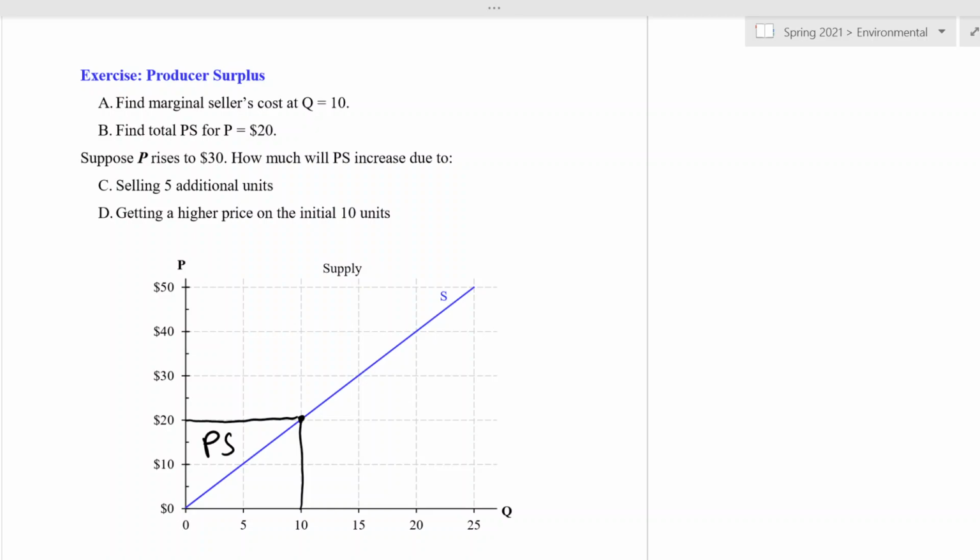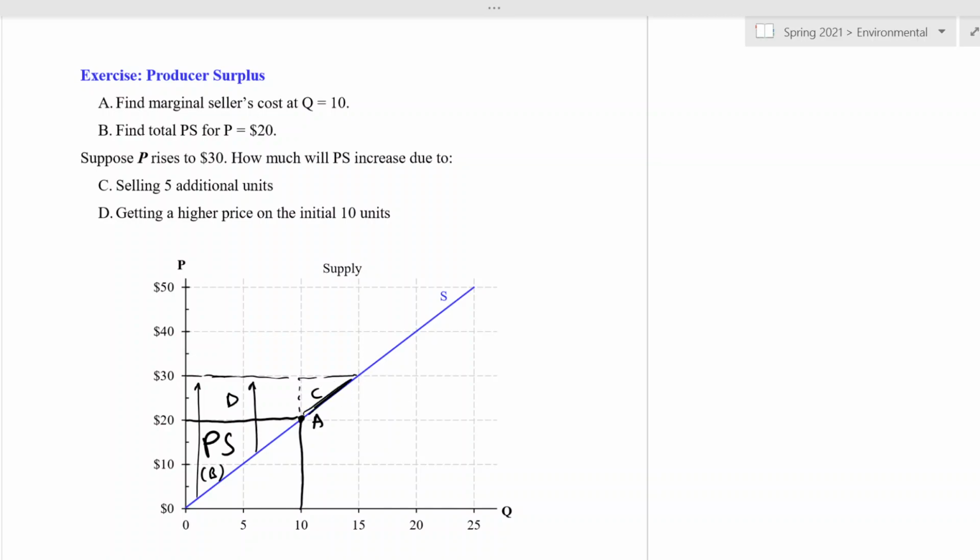Finding that is part B. That's part A. And then we're going to increase the price to 30. So going the opposite direction. Some of these sellers are going to increase their producer surplus some more. So how much is producer surplus going to increase due to the same sellers selling more and getting a higher price? Actually, this one's part C, and this one's part D.